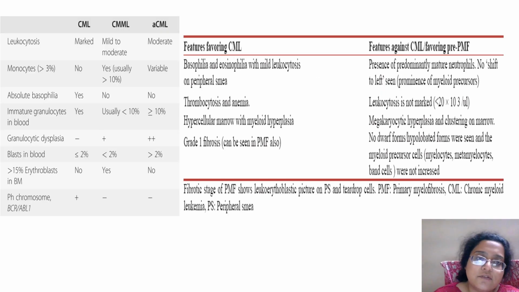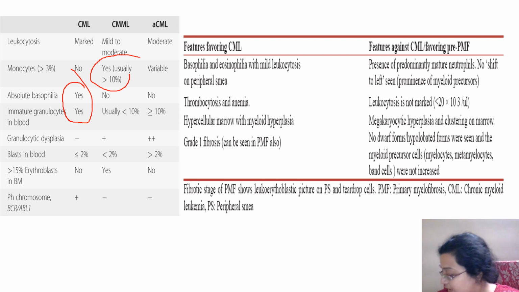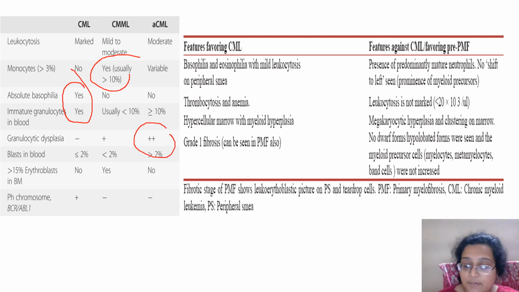Okay, differentiating features between CML, CMML and atypical CML, all this is there in the book. So leukocytosis can be there in every case, mild to moderate. Monocytosis is more in CMML. Basophilia and immature granulocytes are more in CML. Granulocytic dysplasia is more in atypical CML. So not much basophilia, not much monocytosis, but granulocytic dysplasia.